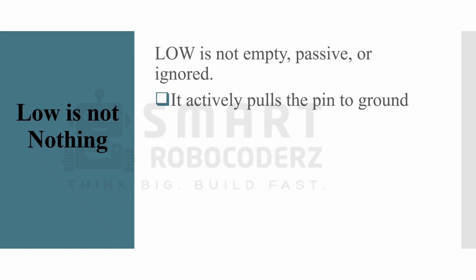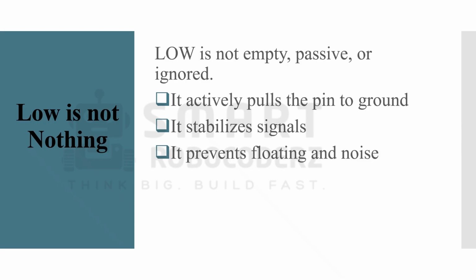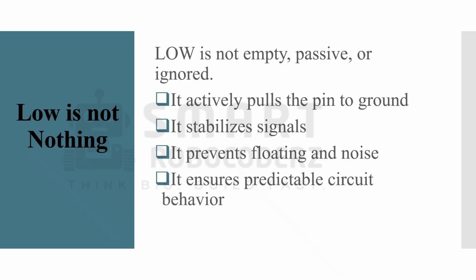This intentional grounding plays a crucial role in stabilizing signals, as it removes any leftover charges and prevents the pin from floating. By doing so, low reduces susceptibility to electrical noise and eliminates random or unpredictable readings. As a result, the circuit behaves in a consistent and reliable way, ensuring that the Arduino and connected components respond exactly as intended.